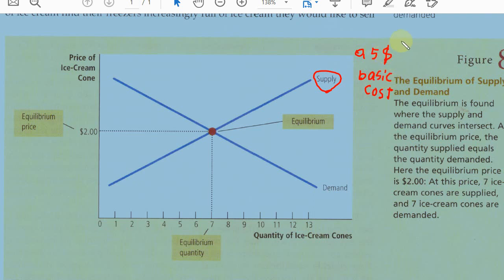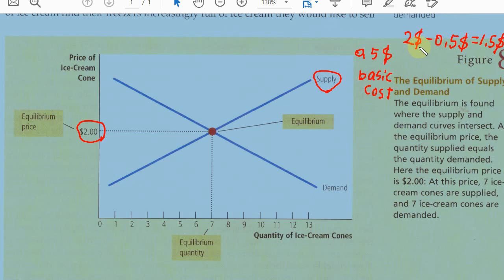If the price is $2, in terms of the supplier, $2 deduct $0.5 for the cost, his profit will be $1.5. This is his basic income after deducting the cost.